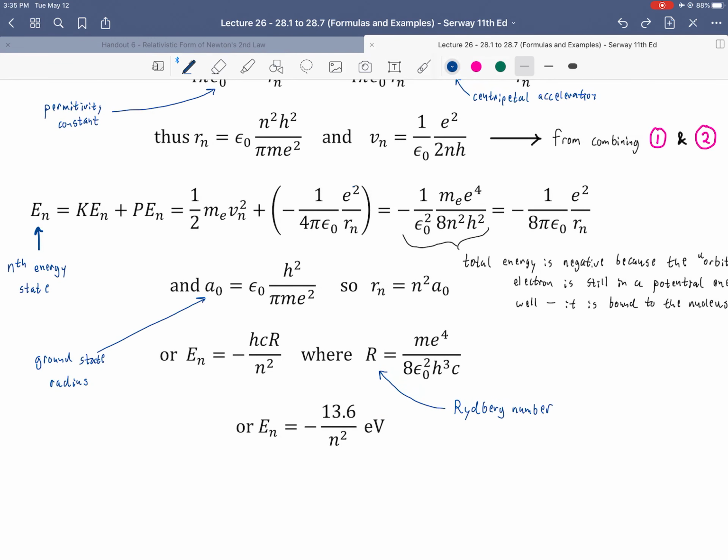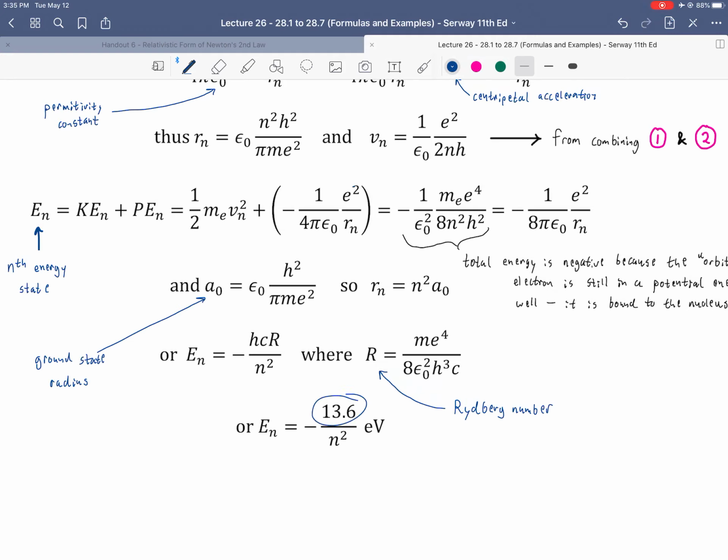And a final way of talking about the bound, thus negative, energy states of the hydrogen atom is in terms of multiples of the ground state. The ground state has a numerical value of 13.6 electron volts.